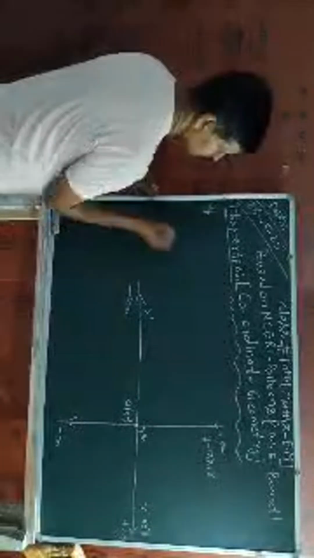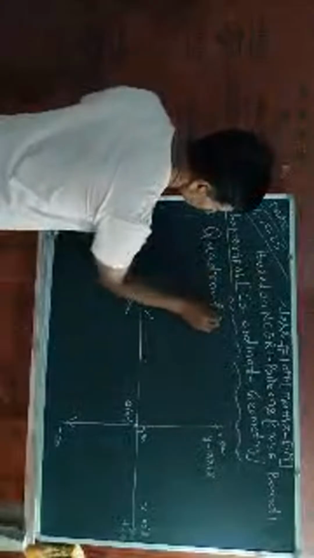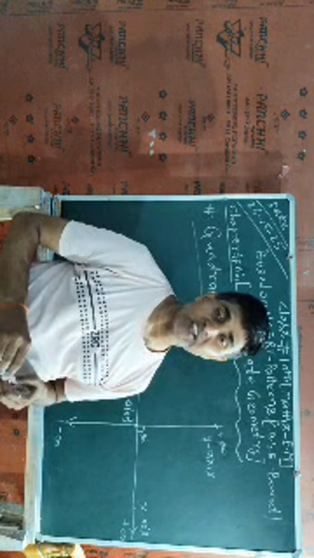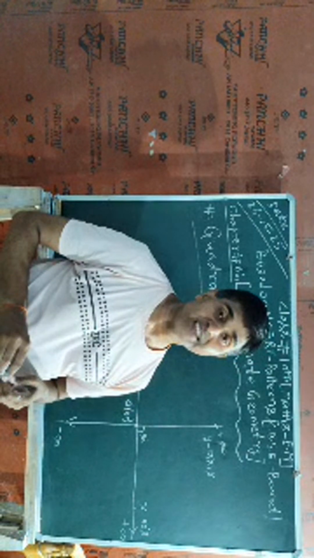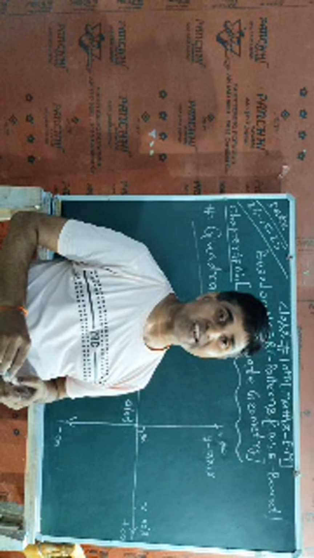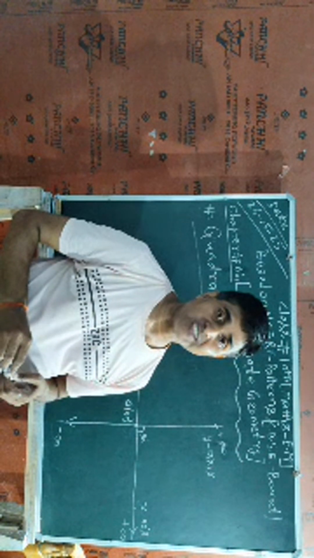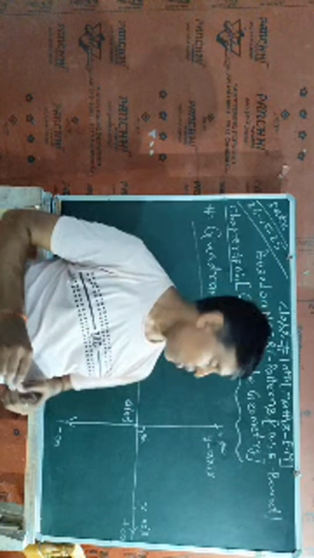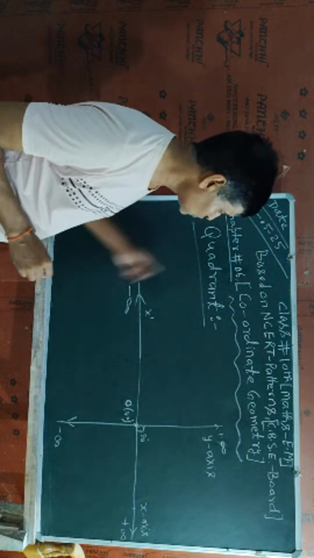So the next topic in coordinate system geometry is quadrant. In the Cartesian system I have drawn two lines perpendicular to each other, and the intersection point is the origin, whose coordinate is 0, 0. The x coordinate is 0, that is the abscissa, and the y coordinate is 0 also, that is the ordinate.